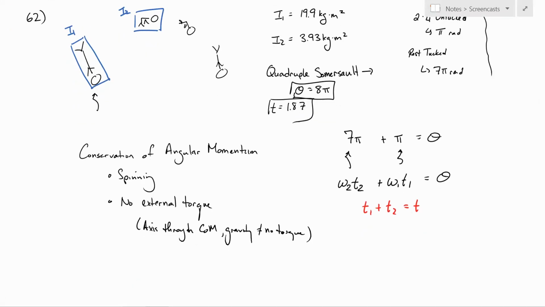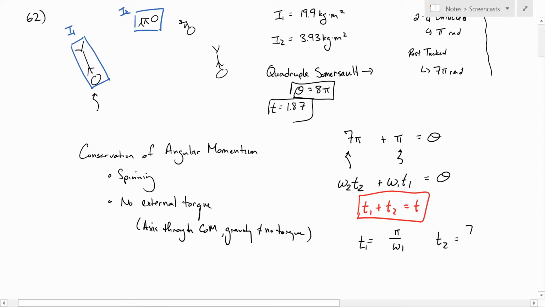Alright, turns out this is going to be my ticket out of here, because I can just as easily have said that t1 is equal to, not 7 pi, I've tricked myself, just pi over omega 1, and t2 is equal to 7 pi over omega 2. That shouldn't be too bad. Angular velocity times time equals angular displacement.